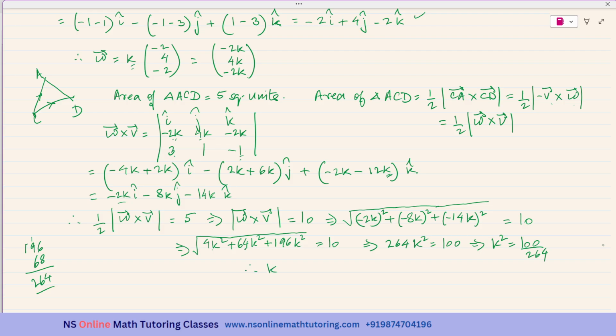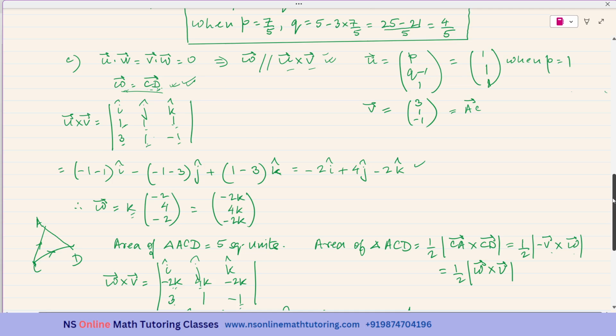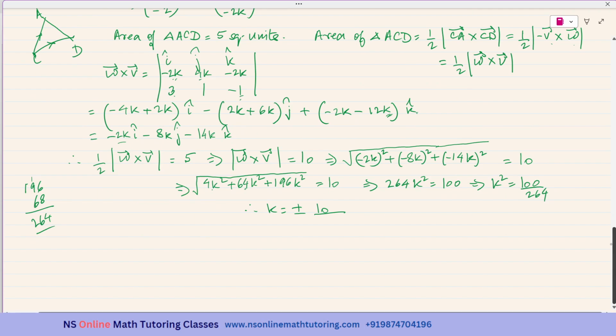Therefore, k is equal to plus minus square root of 100 is 10. And what is square root of 264? Let me just get the factors. 132, 66, 33, and 3 and 11.